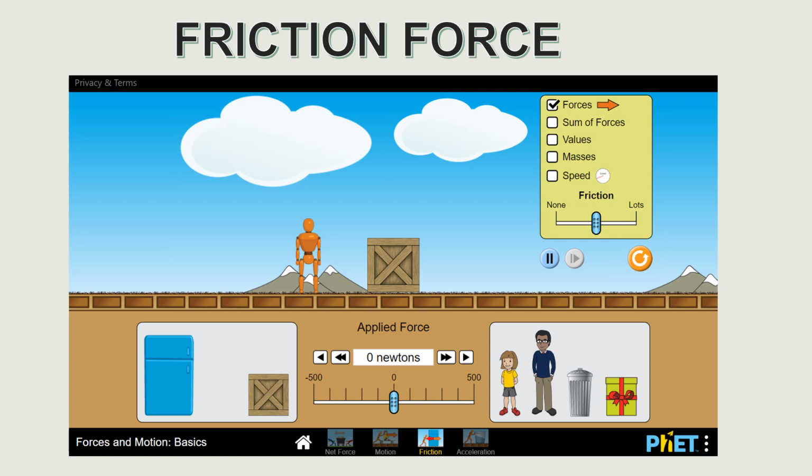So until the amount of friction force is the same as the amount of applied force, the object will not move. When the amount of applied force becomes bigger than the friction force, the object will start moving. So in our case, this guy needs to apply 127 newtons of force so that this object can actually start moving on the surface.